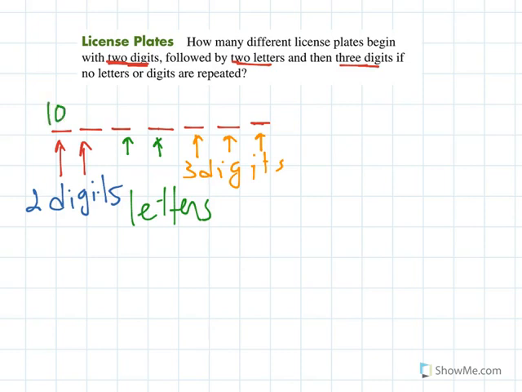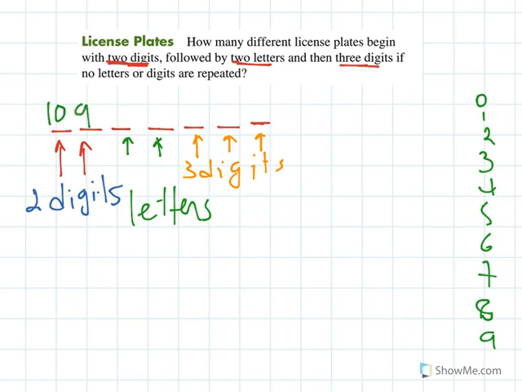You can choose 0, 1, 2, 3, 4, 5, 6, 7, 8, 9. So you have 10 possibilities to choose from, so that's fairly obvious. But for the next digit, if I choose any of them, this one cannot be repeated. So I have to remove one of those possibilities, and I end up with only 9.